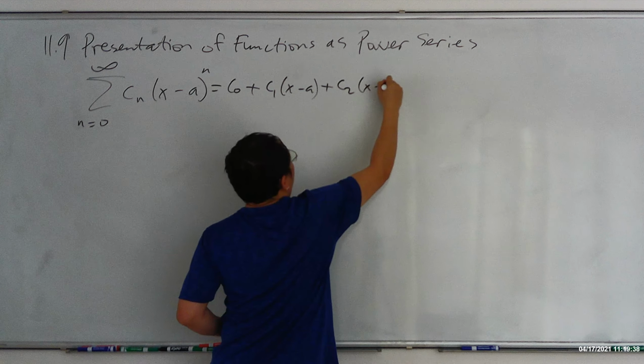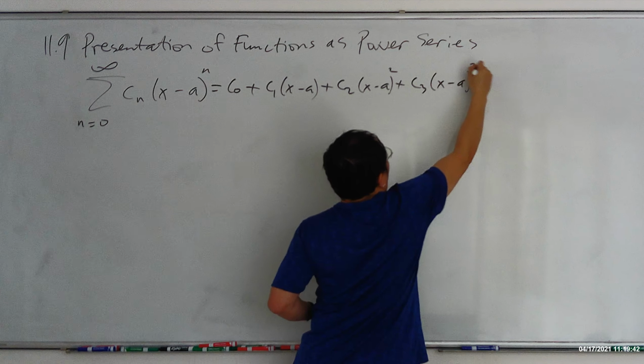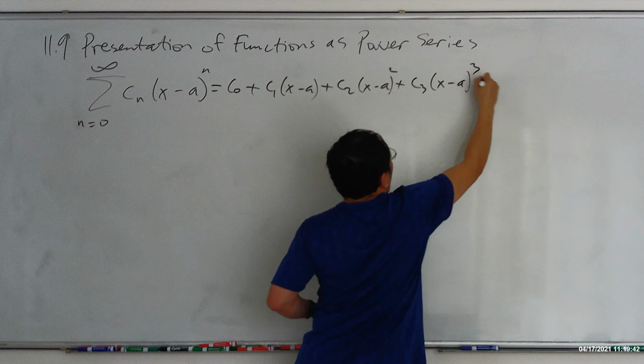And if this series is convergent on the interval with radius r, so it could be what? a right here, all the way from a minus r to a plus r.